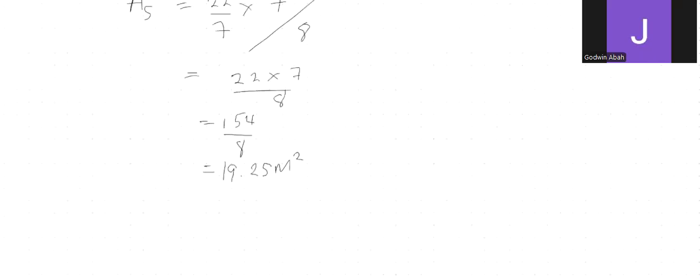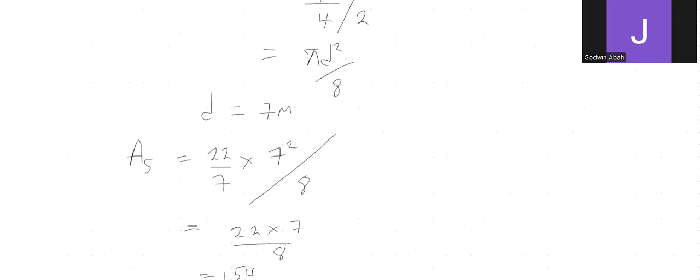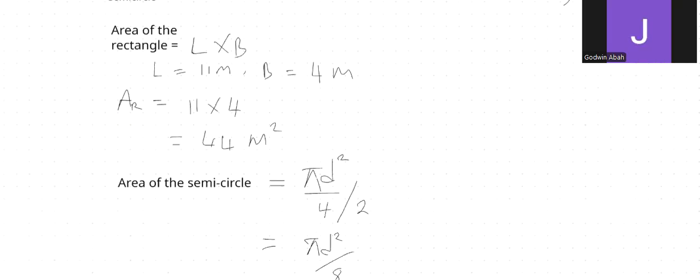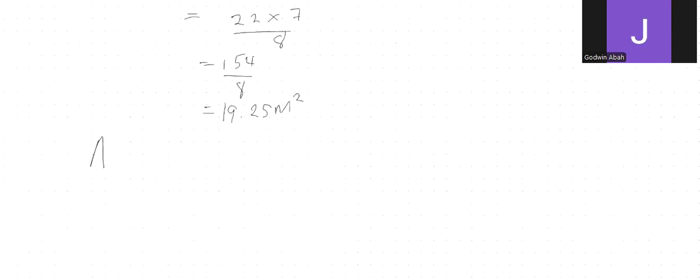So now that we have gotten the area of the semicircle to be 19.25 meters squared, we can go ahead to look for the area of the cross section. Remember that the area of the cross section is equal to the area of the rectangle minus the area of the semicircle. So the area of the cross section, let's call it CS, is equal to the area of the rectangle AR minus the area of the semicircle AS.